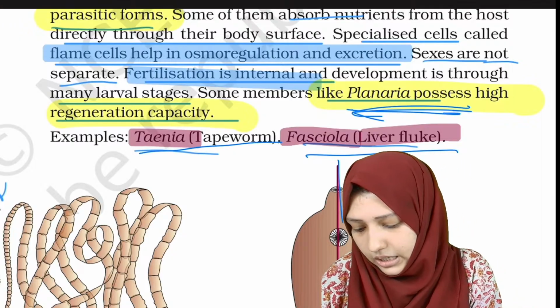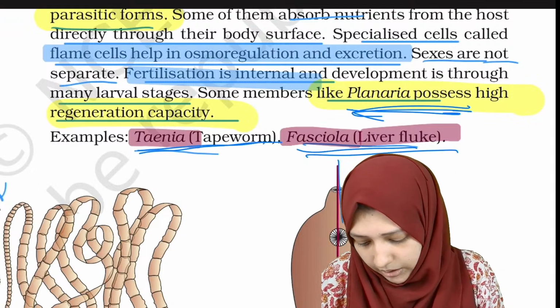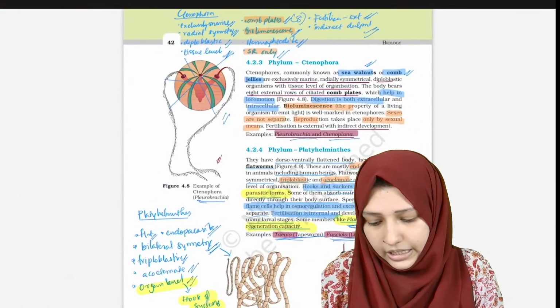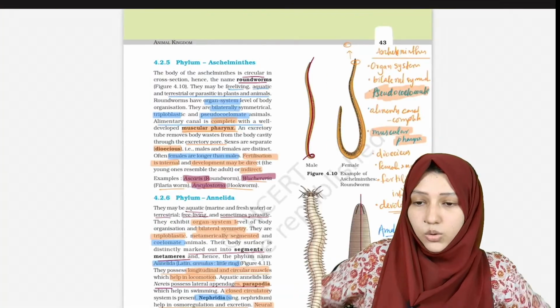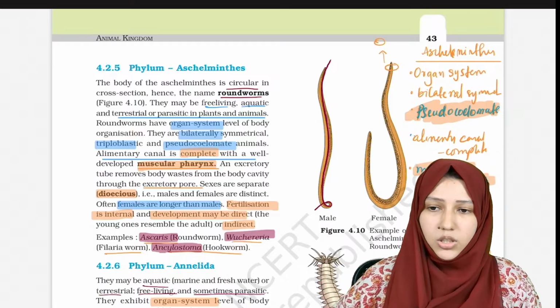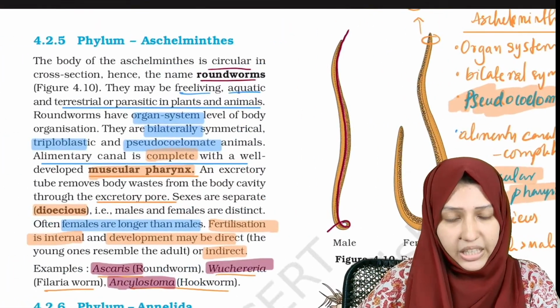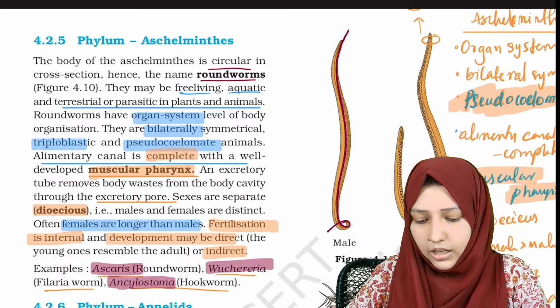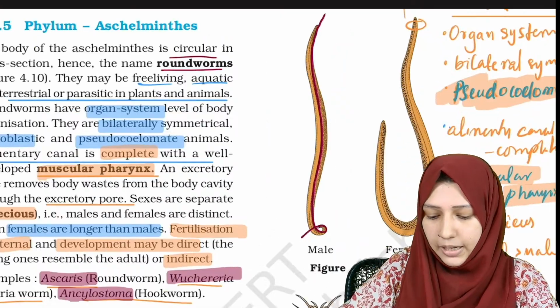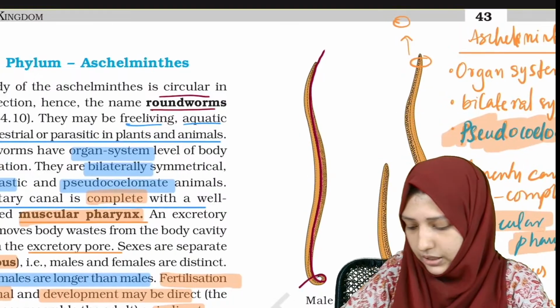So, this is about phylum Platyhelminthes. Now, we are going into the next phylum. The next phylum is phylum Aschelminthes. First, we will see the basic characters of Aschelminthes. The first character is that it is organ system level of organization.